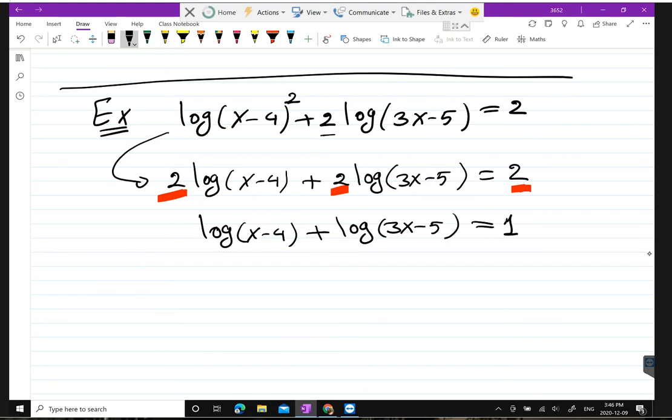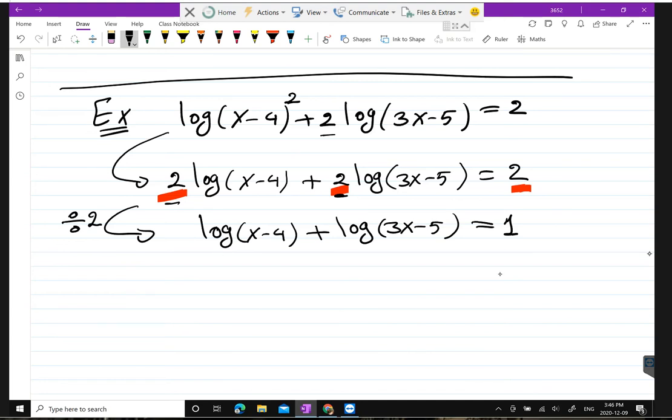So you can imagine that I factor this 2 and then cancel with that 2 on the right side. Or you divide both sides by 2, it is much easier. And from here to here, you divide both sides by 2. You get this one.